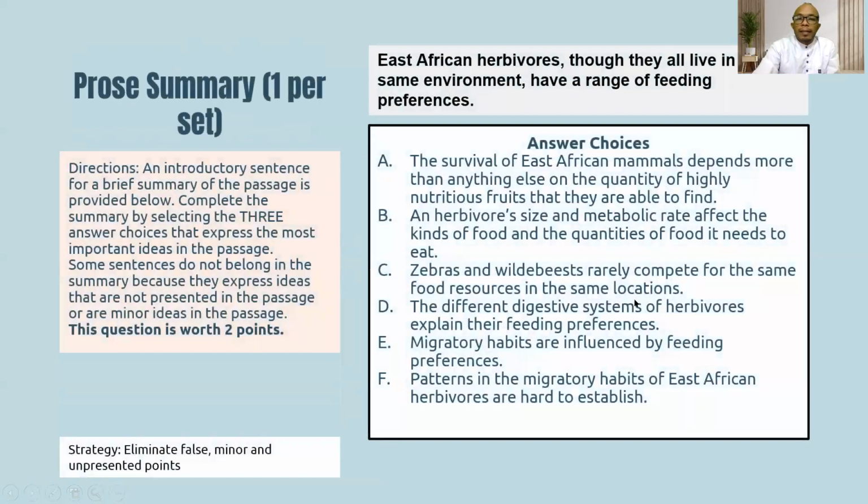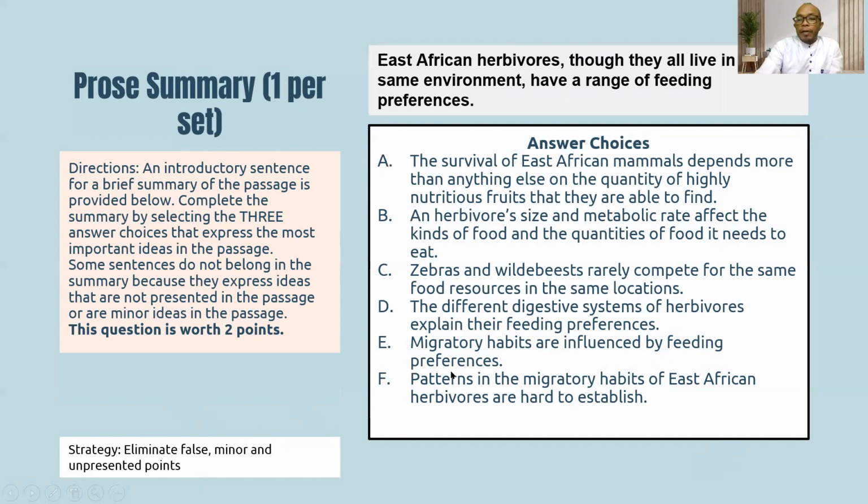Prose summary, the last question usually for every passage. So don't forget, the strategy for this type of question is to eliminate false, minor, and unpresented points. Remember that from the 6 options you get, you will only need to choose 3.